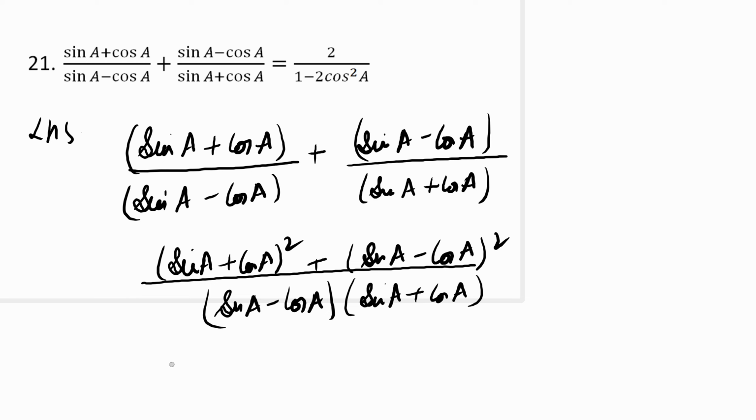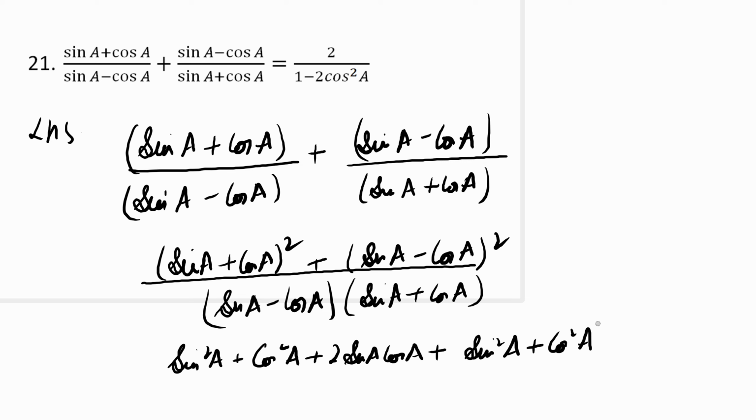So this will become sin square A plus cos square A plus 2 sin A cos A plus sin square A plus cos square A minus 2 sin A cos A.